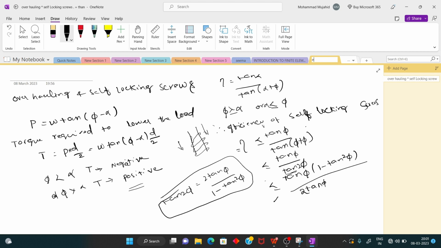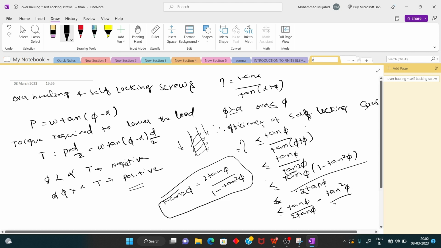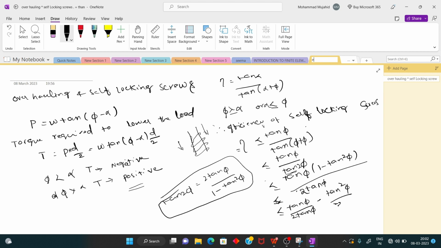So that will be less than or equal to tan phi by 2 tan phi minus tan square phi by 2 tan phi.